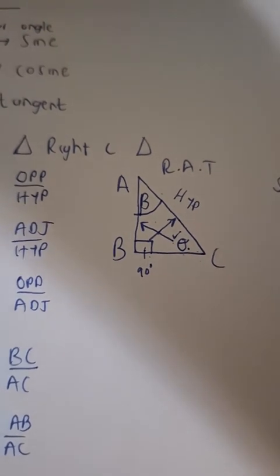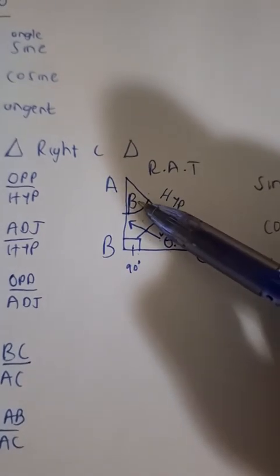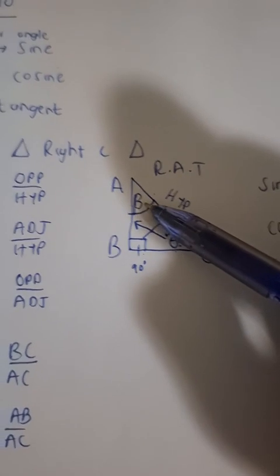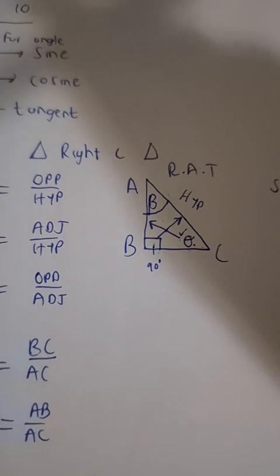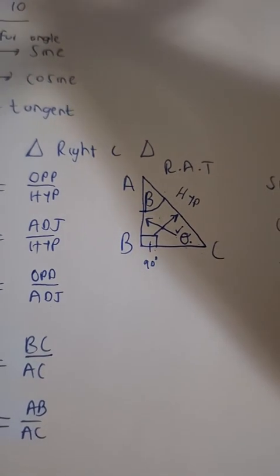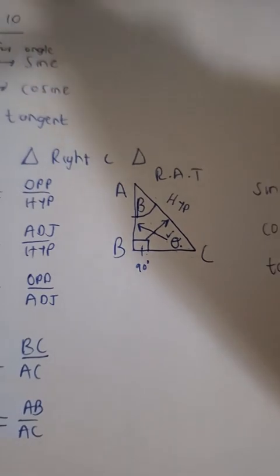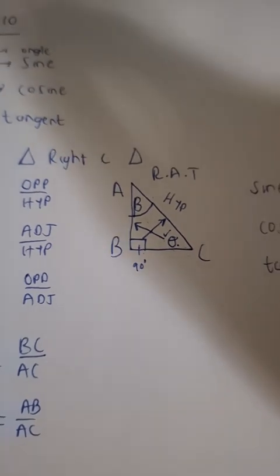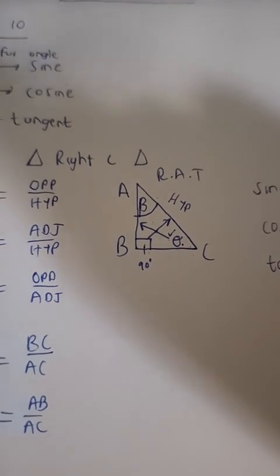Are we sure? Remember, tan is opposite over adjacent. So in reference to this angle, opposite side over the adjacent side. Okay, Precious says over AB, so that was a correction from your side. Okay, good job.